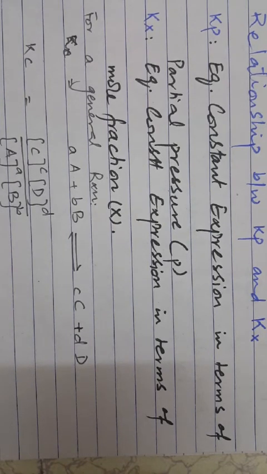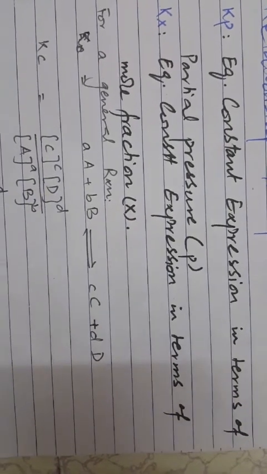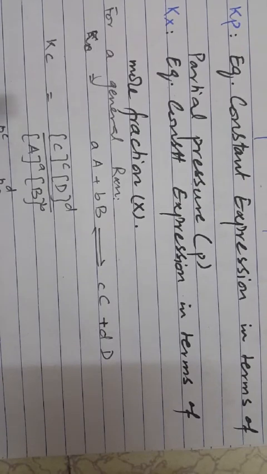For this general reaction, we have discussed the different types of equilibrium constant expressions like Kc, Kp, Kn and Kx, which have different formulas as follows.